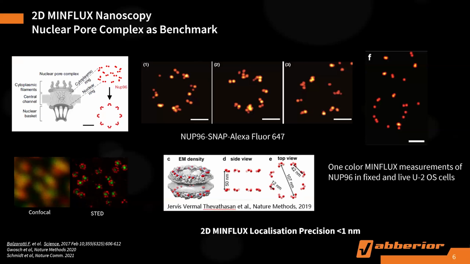In each subunit, there are 4 copies of this protein. 2 are outside the membrane, 2 are inside the membrane. And then you can measure the distance between subunits and the diameter of the nuclear pore complex. Now, with the MinFlux, which is an optical microscopy, we can get the same data. You see the localization of that protein, nuclear pore complex 19-6.